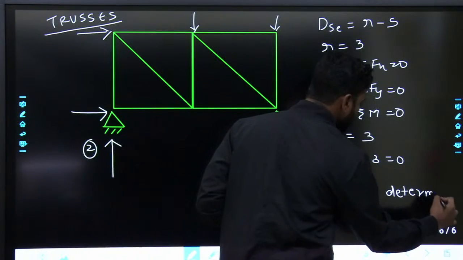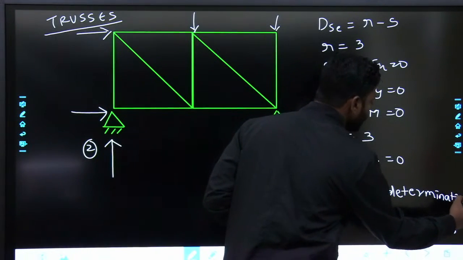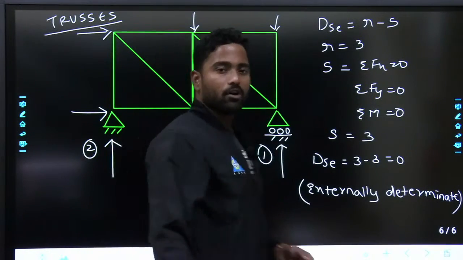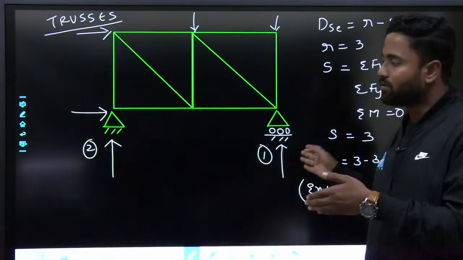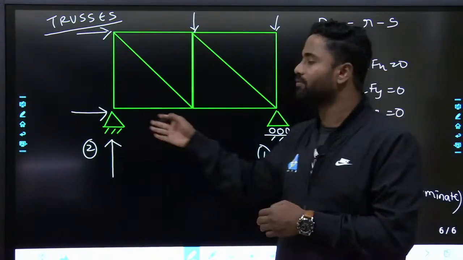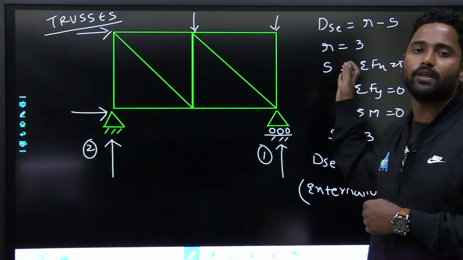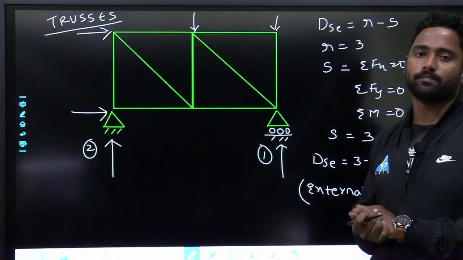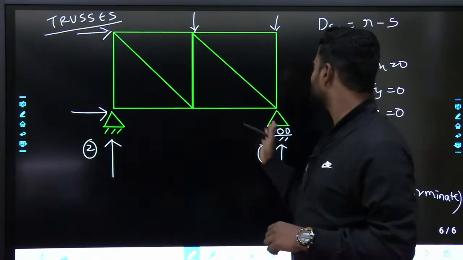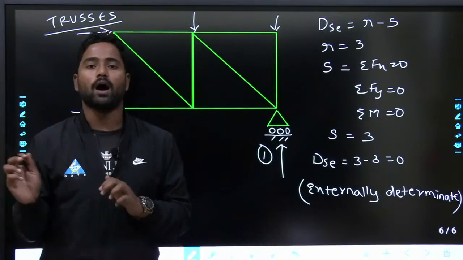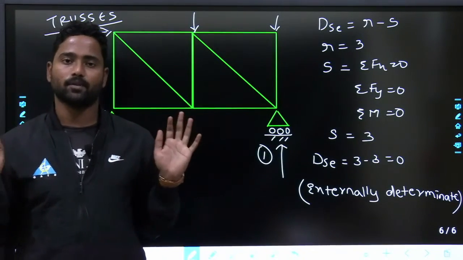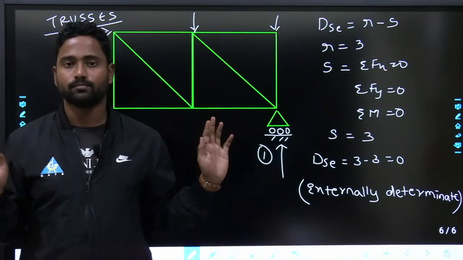There is no change in formulas or concepts while dealing with beams or trusses. The concepts are the same: the number of unknown reactions over and above the equilibrium equations. DSE is equal to R minus S. Simple. For trusses also. Fine.